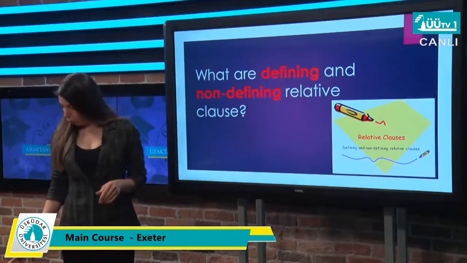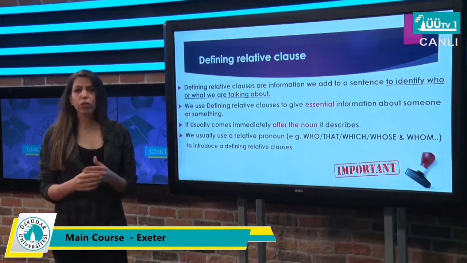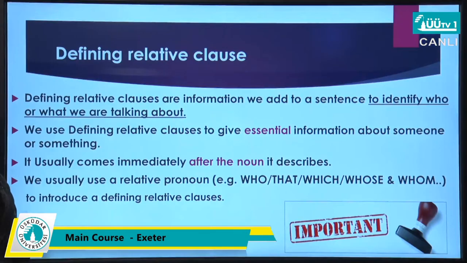So let's go forward. As I told you, defining relative clauses are information we add to a sentence to identify what we are talking about. We use defining relative clauses to give essential information about someone or something.